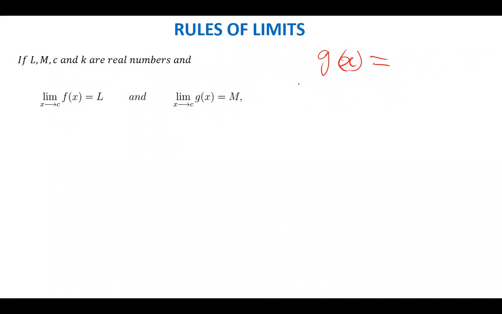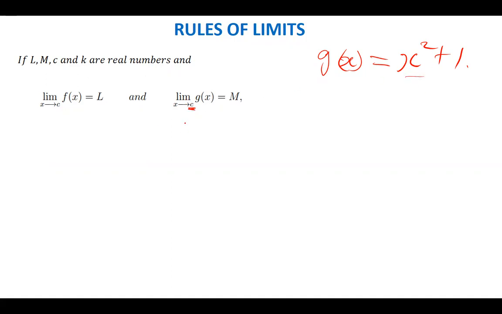if you have g of x as a function, maybe for instance x squared plus 1 as g of x, and they tell you to find the limit when x is approaching a certain number c, it means you're just going to get the number that you've been given and replace it where there is x.